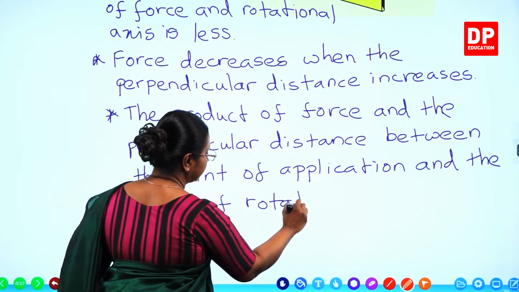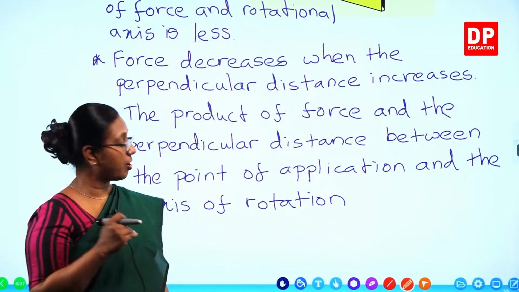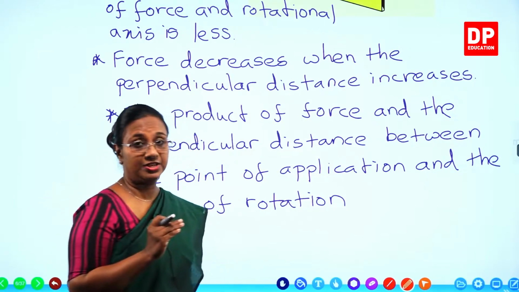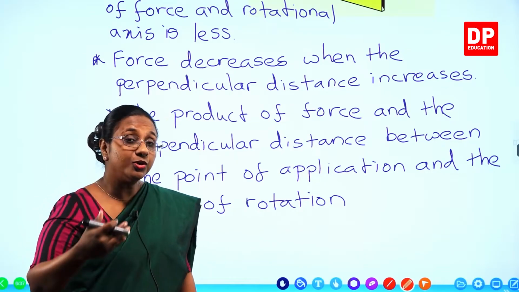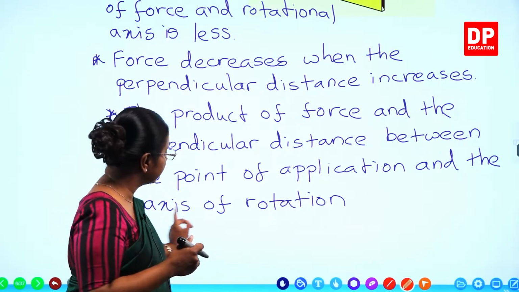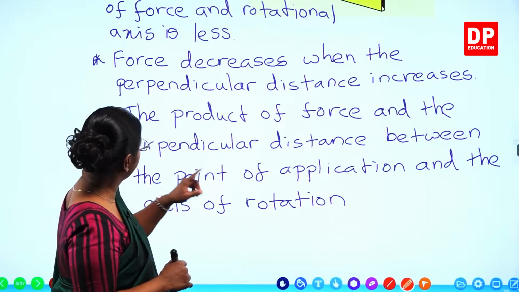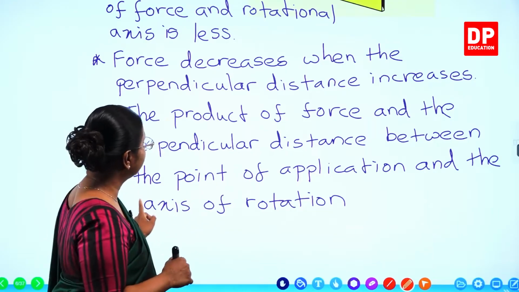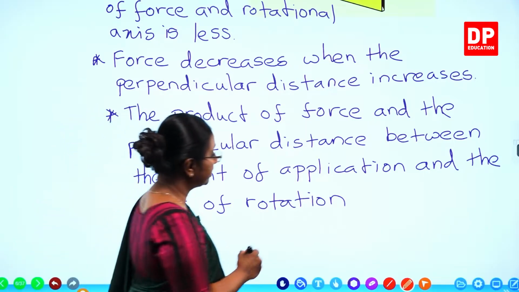It can be the axis of rotation or maybe the point around which an object rotates. Axis of rotation. That is the term that we use to refer to that point. So, I told you all, an imaginary line going along the hinges. That is the axis of rotation. So, the product of force and the perpendicular distance between the point of application and the axis of rotation is a constant.